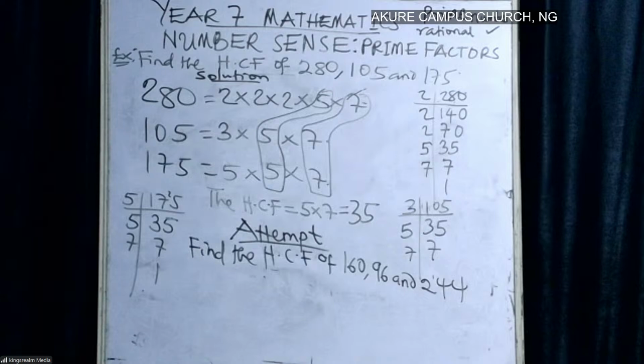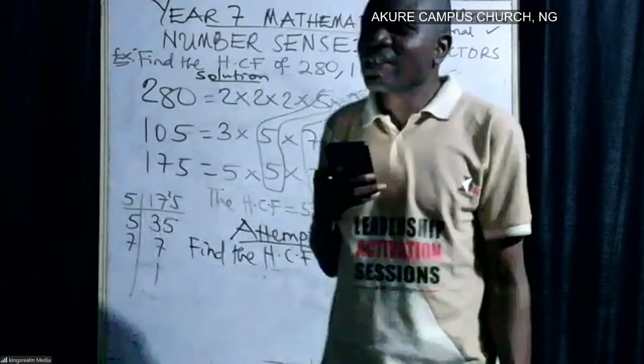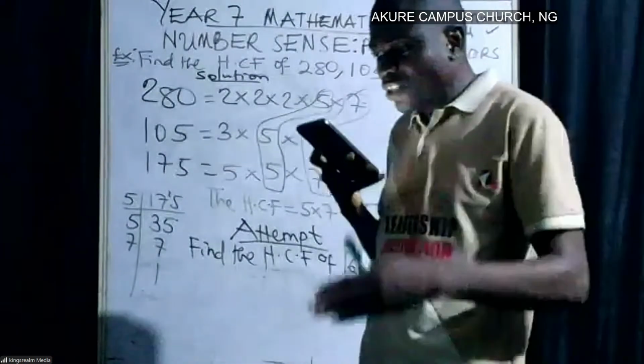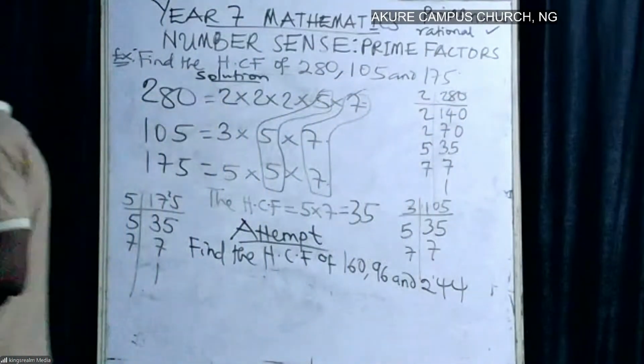The answer is 2. You are not allowed to say it. Take a snapshot of your answer, your working. I want to see your working on the platform. You can't just tell me.